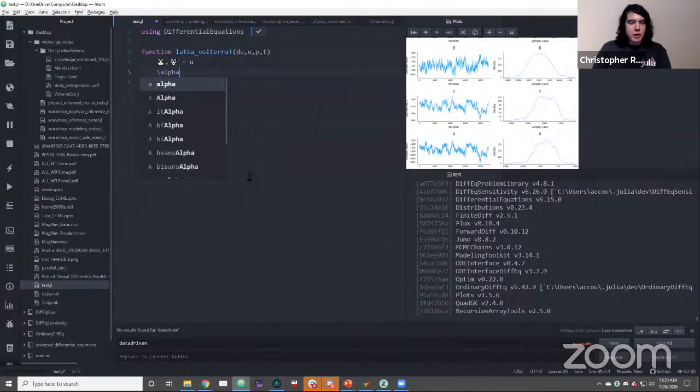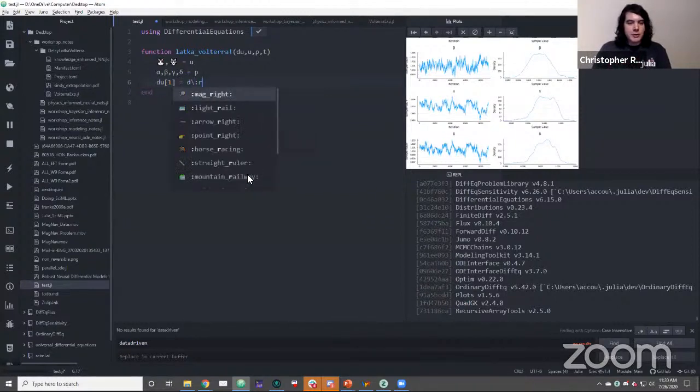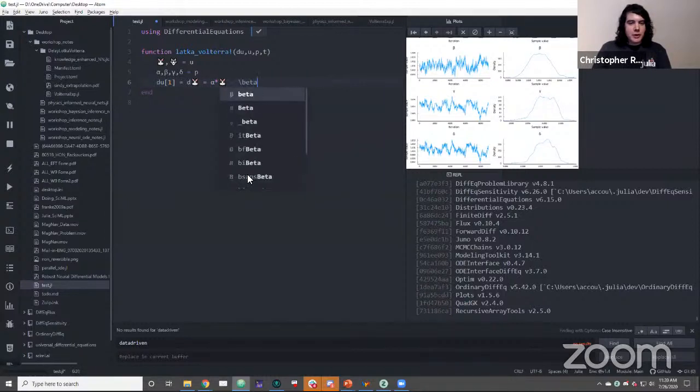Right, and now we have these parameters alpha, beta, gamma, and delta equal to P. And now what we want to do is say the first ordinary differential equation is d rabbit, which is the same as alpha times rabbit minus beta times rabbit times wolf, right?